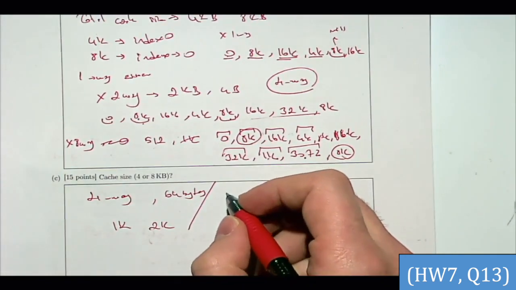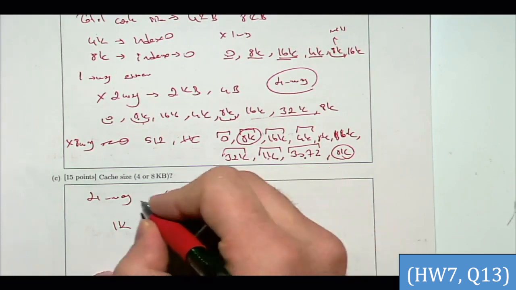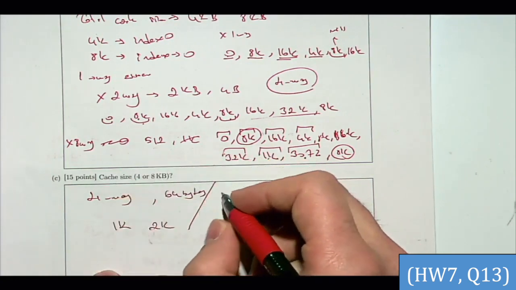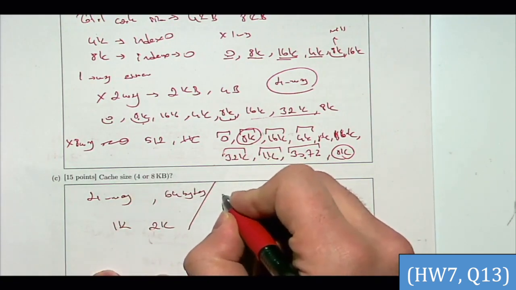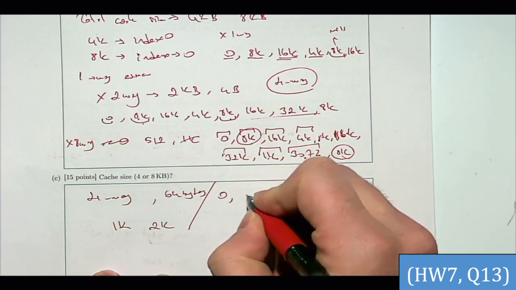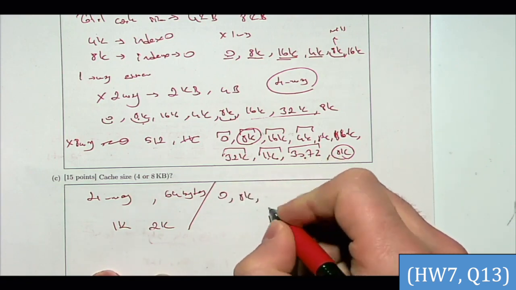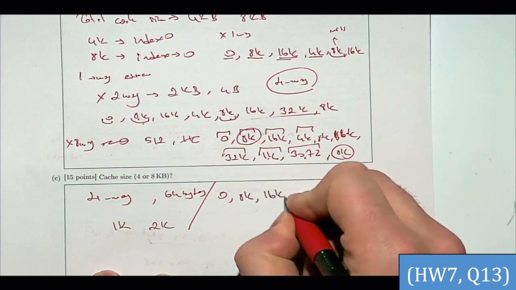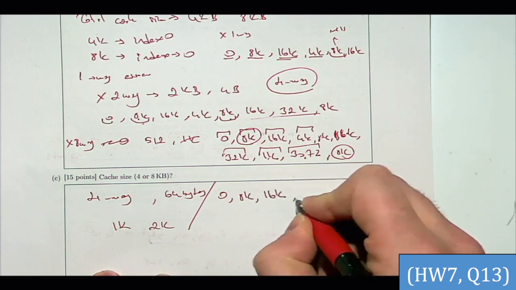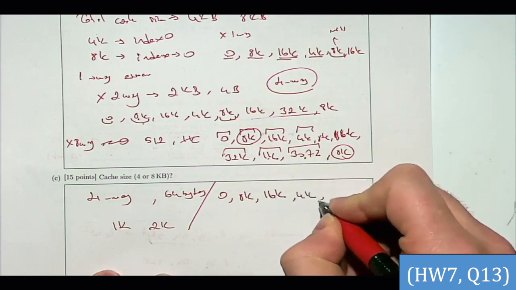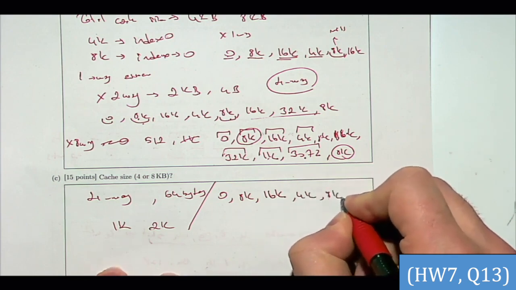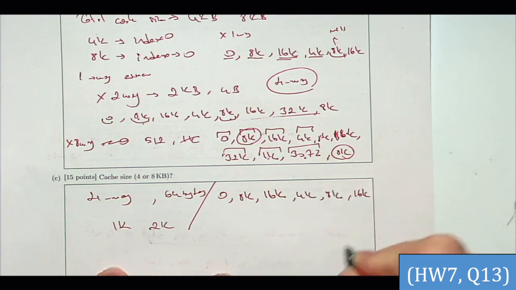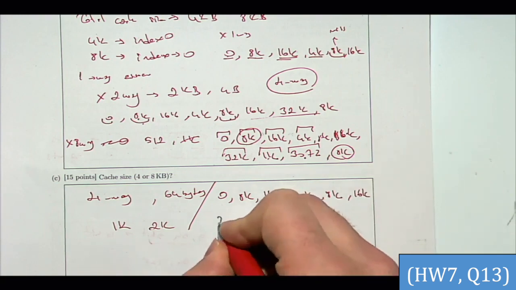We are doing the same thing again and again. This is 0, and this is 8K, 16K, 4K, 8K, 16, 32K.